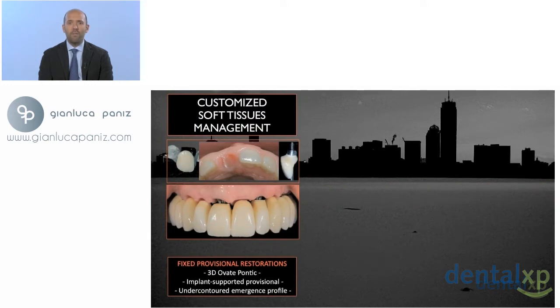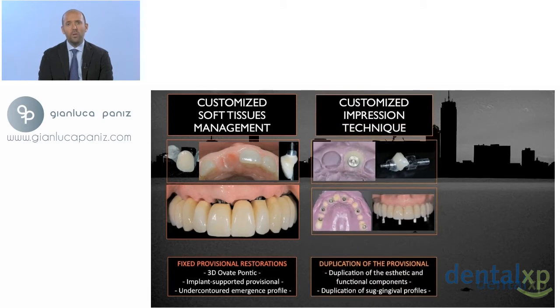First of all, we need a customized soft tissue management that has to start the moment we extract the tooth, with a three-dimensional ovate pontic and an implant-supported provisional restoration that customizes the soft tissue around the implant, with a profile that normally has to be under-contoured on the facial aspects. We then need a customized impression technique that transfers all the information from the provisional restoration to the definitive one.